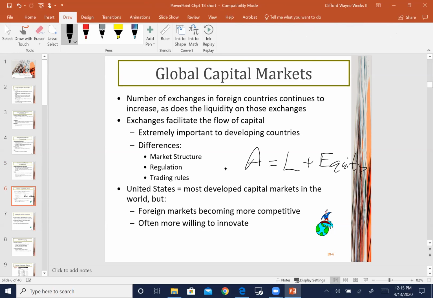There are differences between different exchanges. The market structure is going to be different, the regulation, and the trading rules. The U.S. is considered to be the most developed capital market in the world. However, foreign markets are becoming more competitive, and often they're willing to innovate more than the U.S., because the U.S. is kind of the standard.